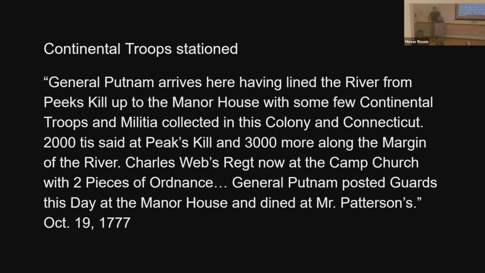So Liberty Pole, not really a direct connection to Germantown per se. Liberty poles were kind of a New York City Sons of Liberty thing. The first one was put up a couple of years after the Stamp Act, and most of them were cut down by British troops who were stationed in New York City.